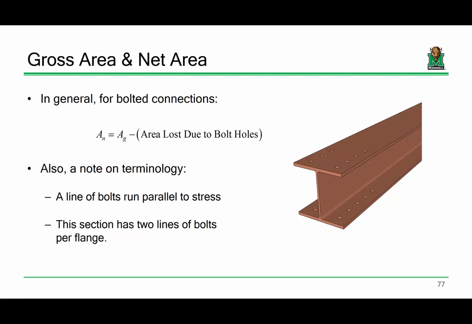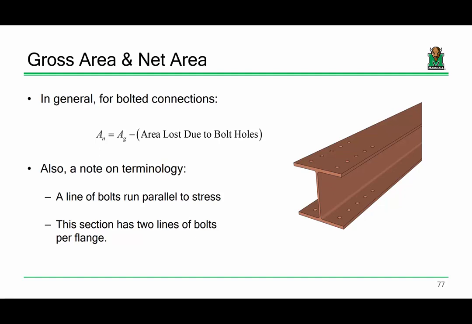Does everybody see that? So here we have a flange, we have a line here, and a line here, line here, line here. So each line has 5 bolts. Everybody okay with that? I just want to make sure that if I start using the term line of bolts, we all understand what I'm referring to.